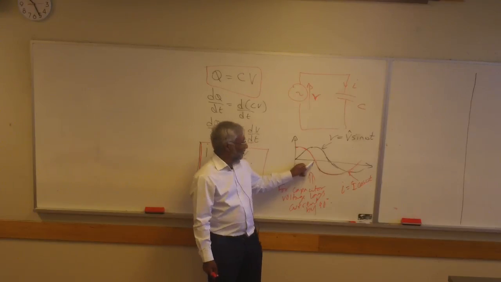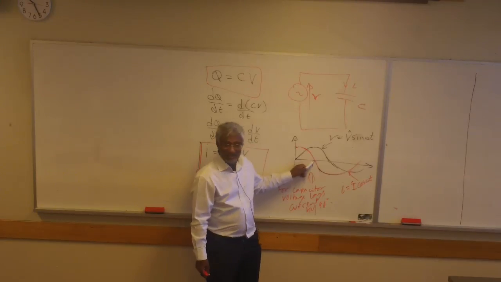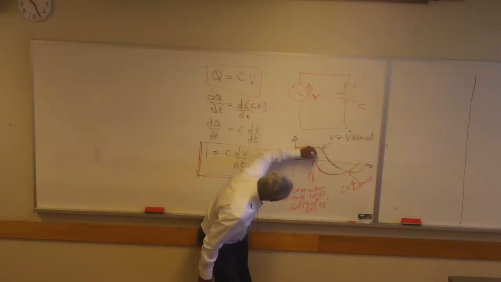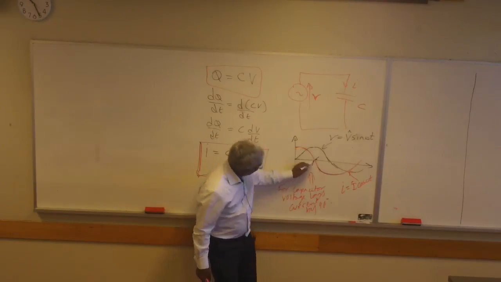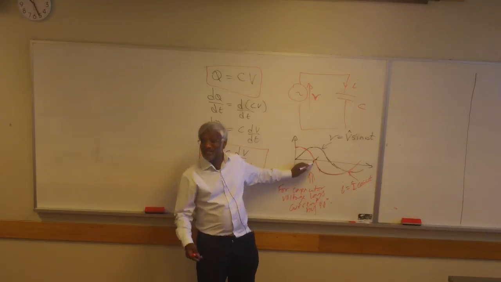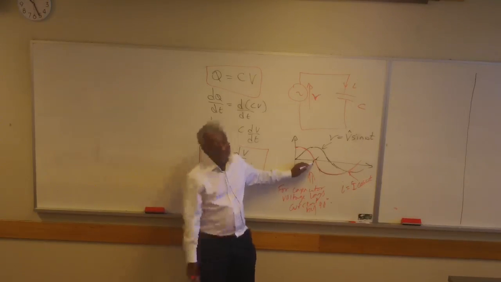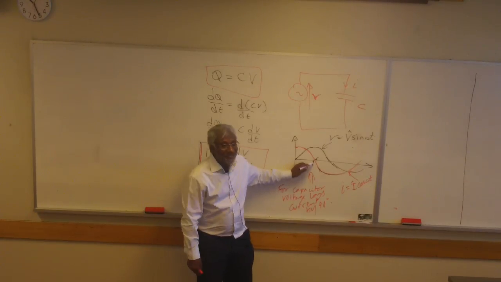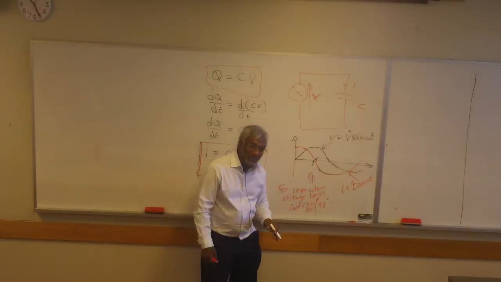So at this point, am I charging or discharging? At this point, this one here. What's the current there? 0. The current is 0. So am I charging or discharging? None. That's right. I'm neither charging nor discharging.